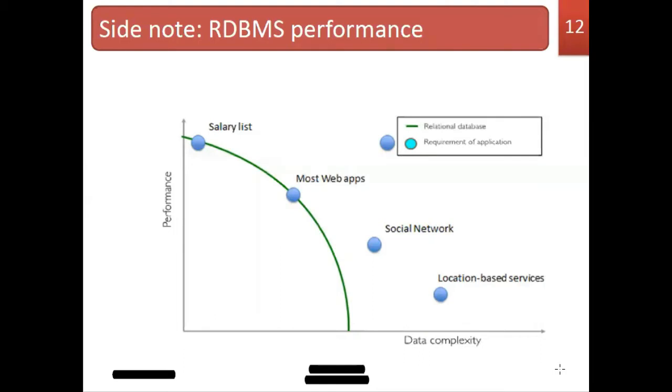For example, if you are taking a social network or a location-based device in a real-time system, mostly you'll be dealing with varieties of data, maybe unstructured or semi-structured data. In those cases the complexity of the data increases, and we need a proper environment or framework to deal with unstructured and semi-structured data.